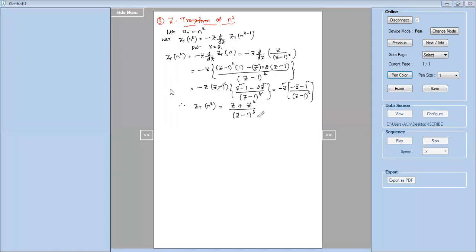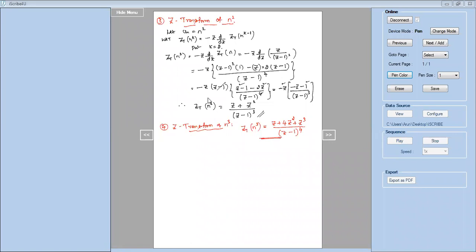The z transform of n cube equals z plus 4z square plus z cube divided by z minus 1 whole power 4. So this is the formula for the z transform of n cube.